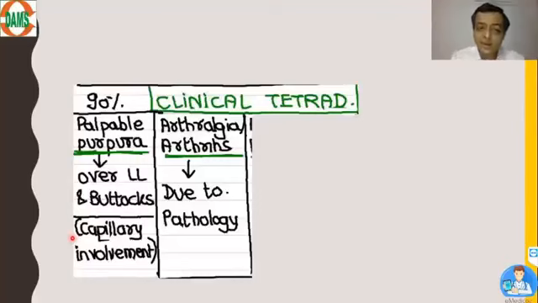Arthralgia can also occur due to the pathology. It is an immune complex disease, so it can cause joint pain.